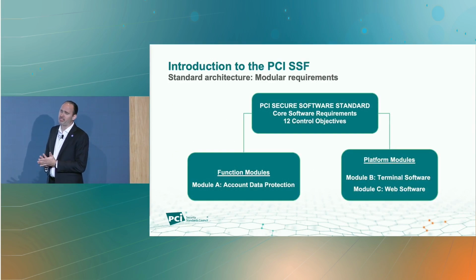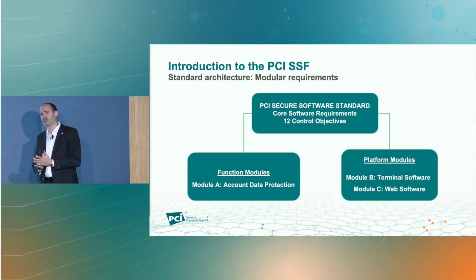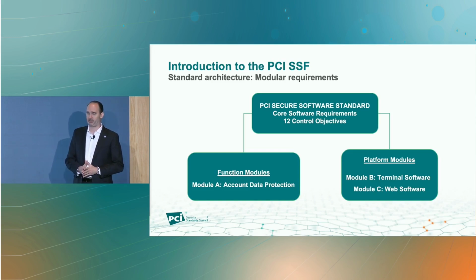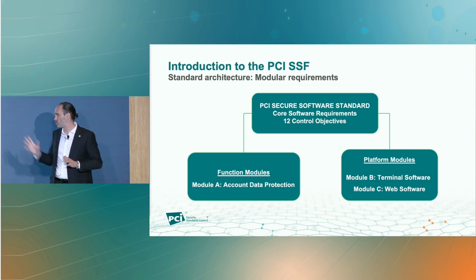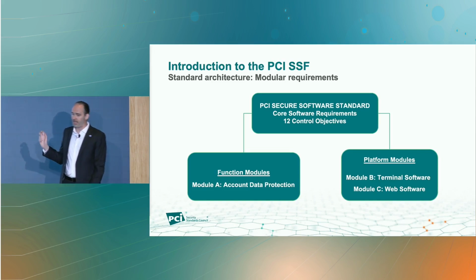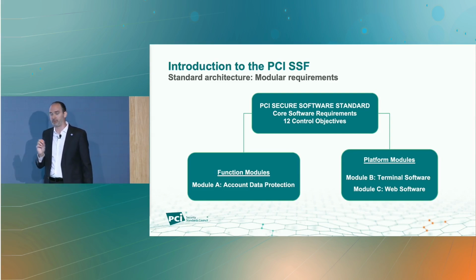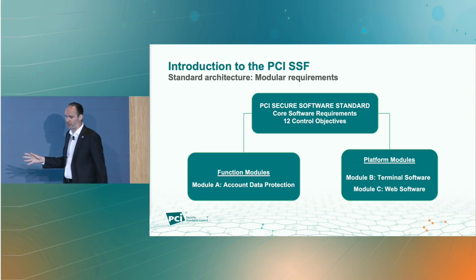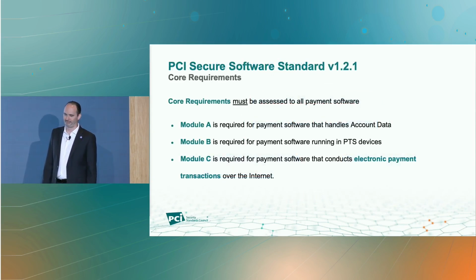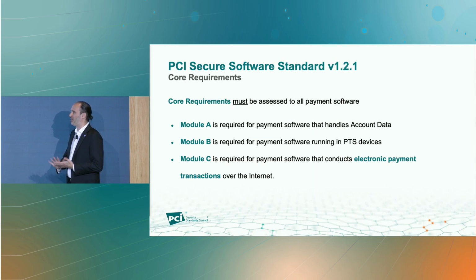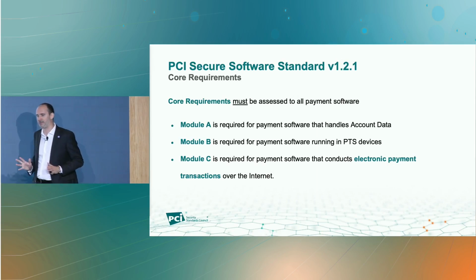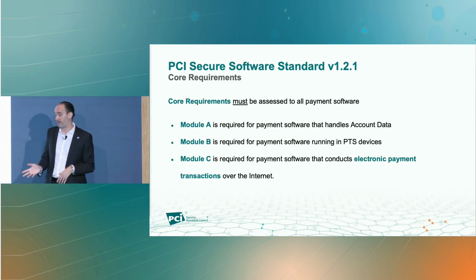One thing that was introduced in the PCI Secure Software Standard is modularization. So we have 12 core requirements, and then, depending on the particularities of the software, we'll have function modules or platform modules. The 12 core requirements apply to every type of payment software, regardless of functionality or type.